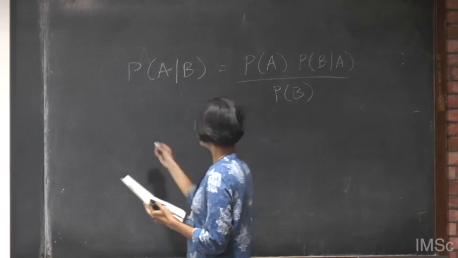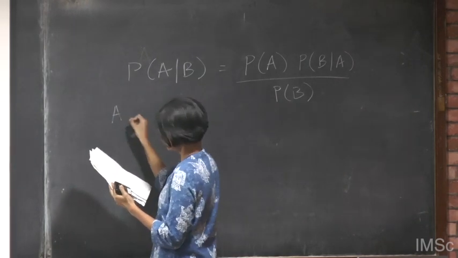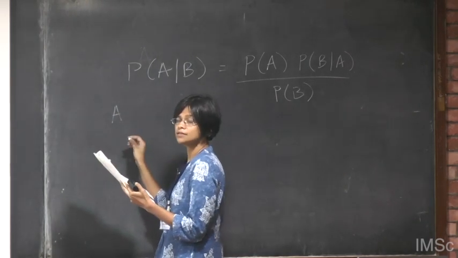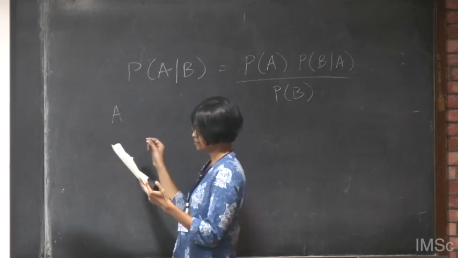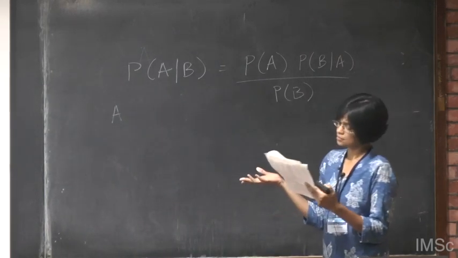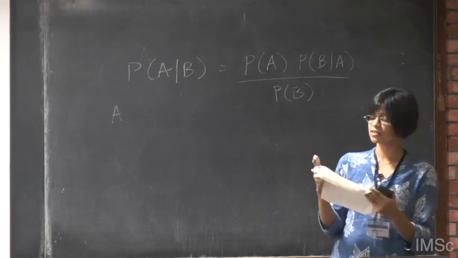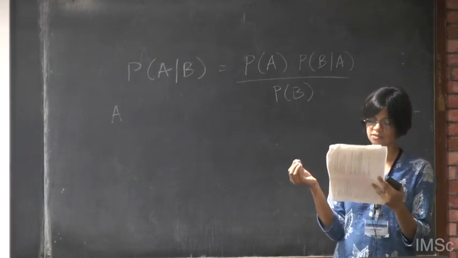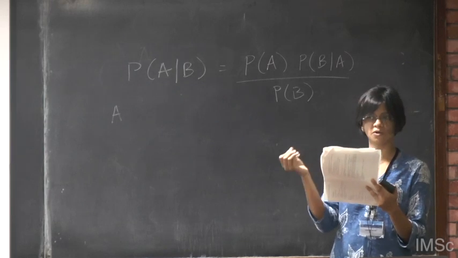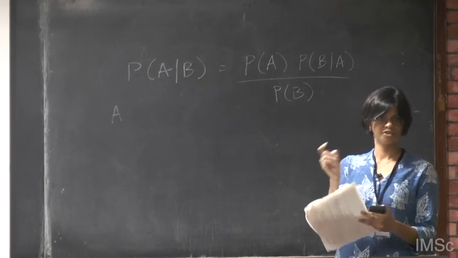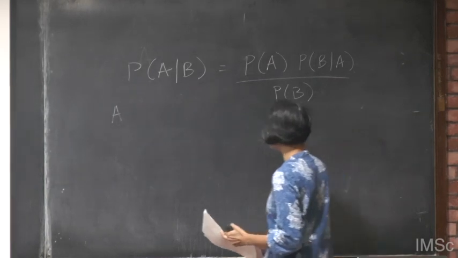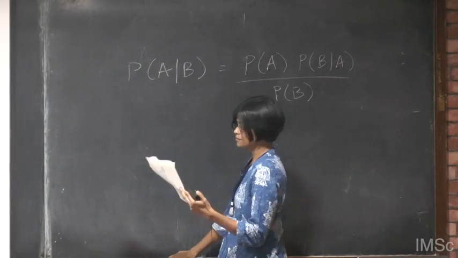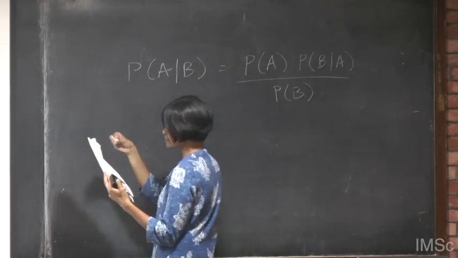Let A be the event that you have a biased coin. So consider an experiment where a fair coin and a biased coin are there, and we choose a coin and toss it twice. So you have one fair coin and one biased coin.